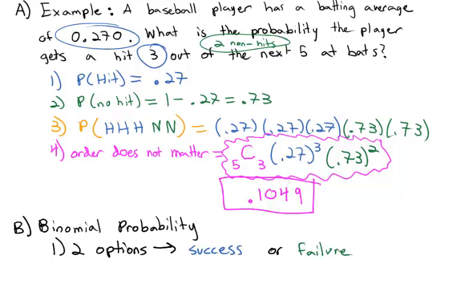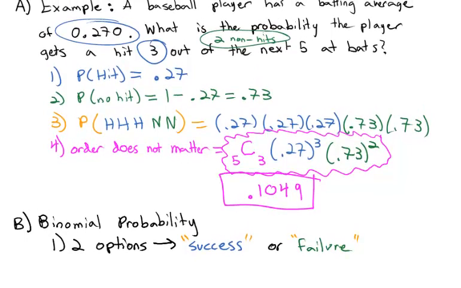And really, these should be put in quotes, success and failure, because success isn't always a good thing. A lot of the times in binomial probabilities, we're looking at defective parts, and the defective parts are considered the success, which isn't a good thing to have a defective part. So we use those terms loosely. Success does not necessarily mean a good thing. It did for our baseball player, but it won't always. Success is just the thing we're looking for. If we're looking for defects, defects are the success, and the good parts are the failures, just to make it nice and confusing.